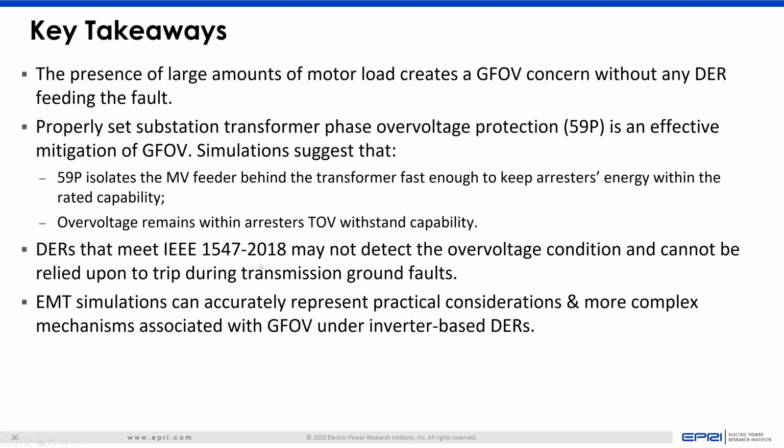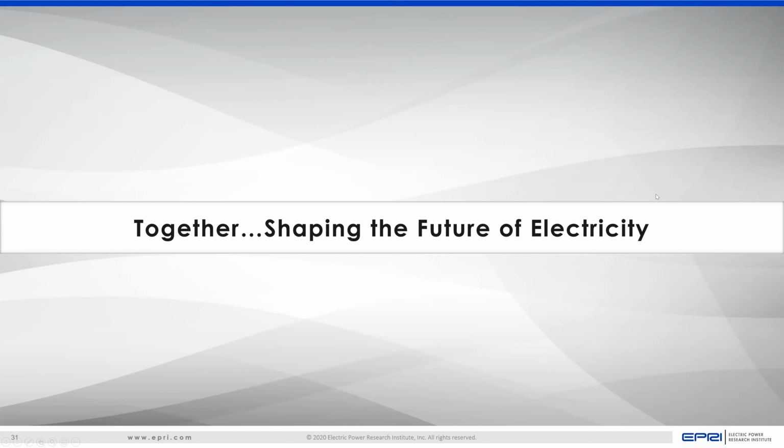DERs with onboard protection based on IEEE 1547 may not detect the overvoltage and cannot be relied upon to trip during transmission ground faults. Also, EMT simulations can accurately capture practical considerations and more complex mechanisms associated with GFOV under DERs. That's it. Thanks for your attention, and let me know if you have any questions.